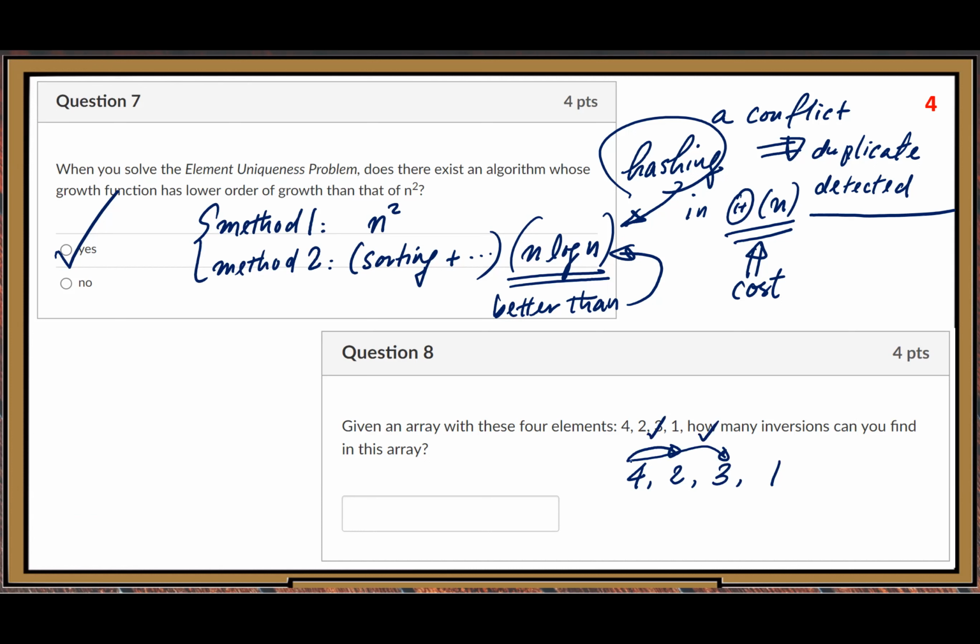Yes. Inversion? Yes. Then inversion? No, that pair is in order. Inversion? Yes. The last one, inversion? Yes. So you count the number of checks, 5. So the answer is 5.